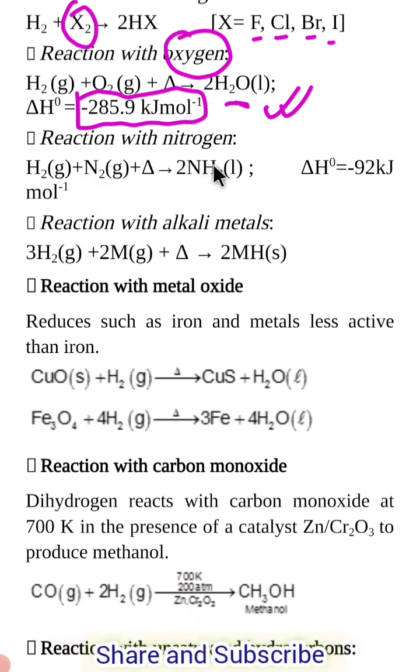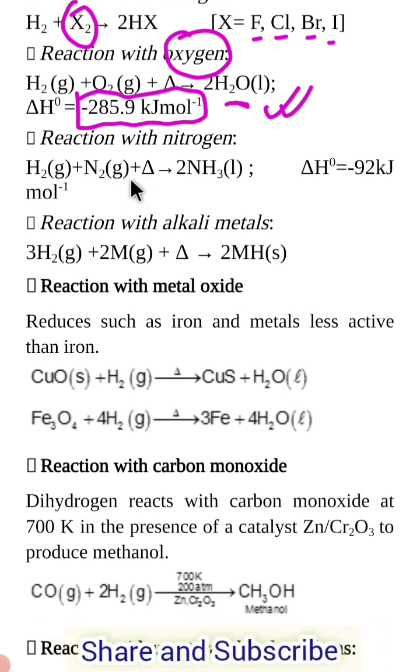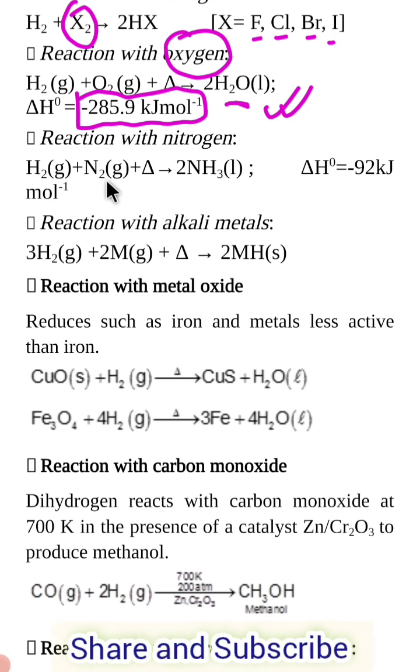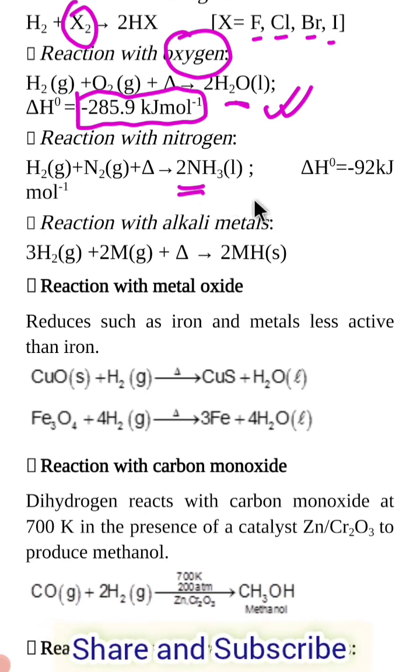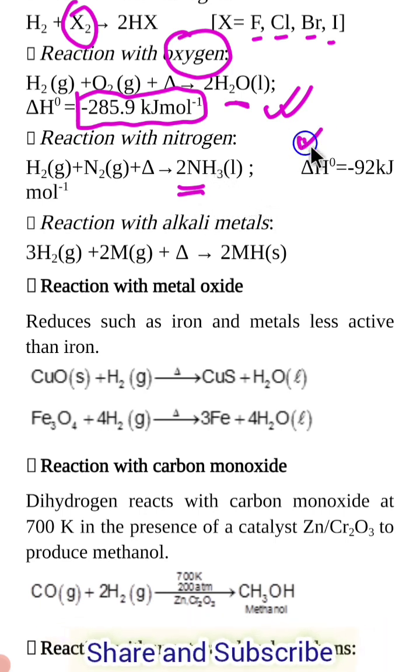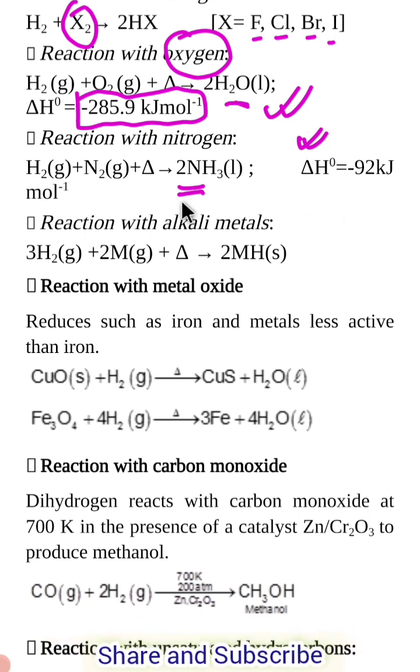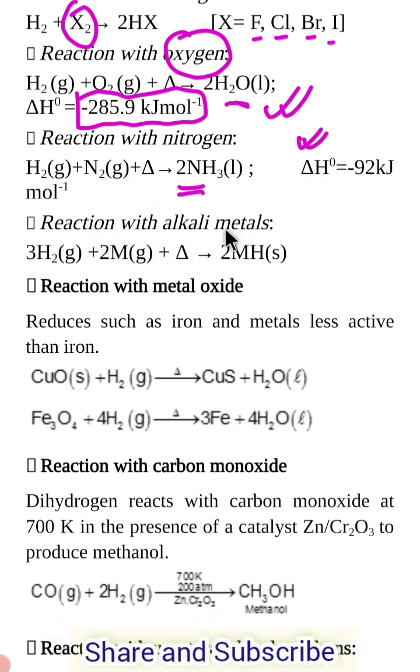Next one is the reaction with nitrogen. This is also one of the famous reactions of chemistry: N2 plus H2 gives NH3, and this is Haber's process, the industrial preparation of ammonia. The enthalpy change for this reaction is minus 92 kilojoule per mole. This is exothermic in nature. The next reaction is with alkali metals.